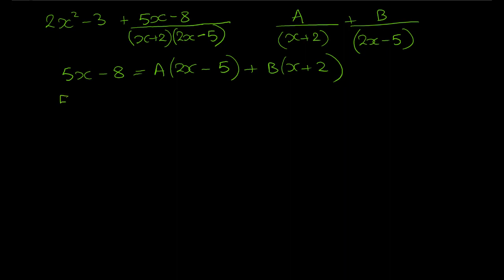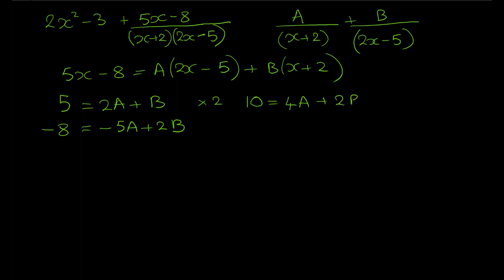So 5 will be equal to 2a plus b, and minus 8 will be equal to minus 5a plus 2b. So I'm going to double the top one. So that will give us 10 equals 4a plus 2b, minus 8 equals minus 5a plus 2b.